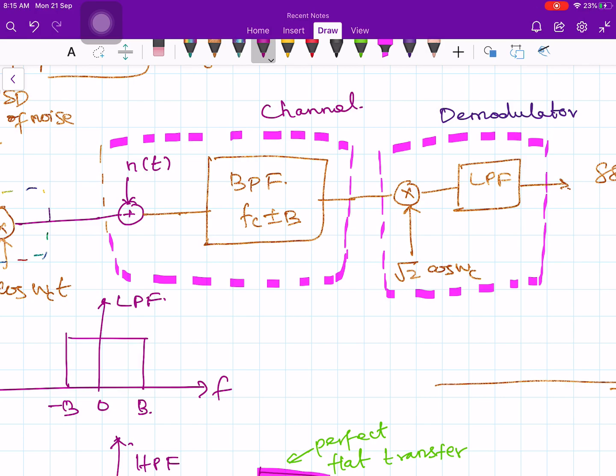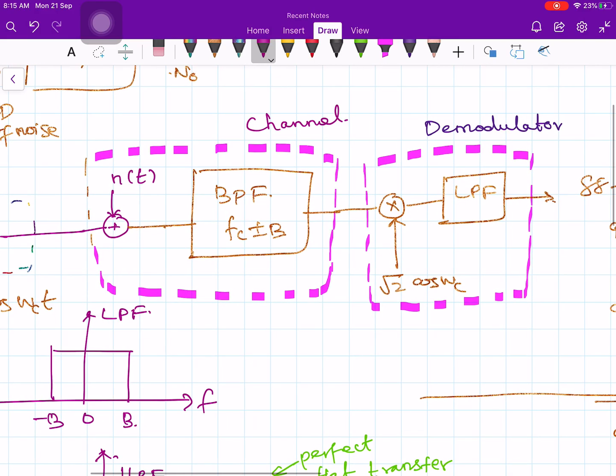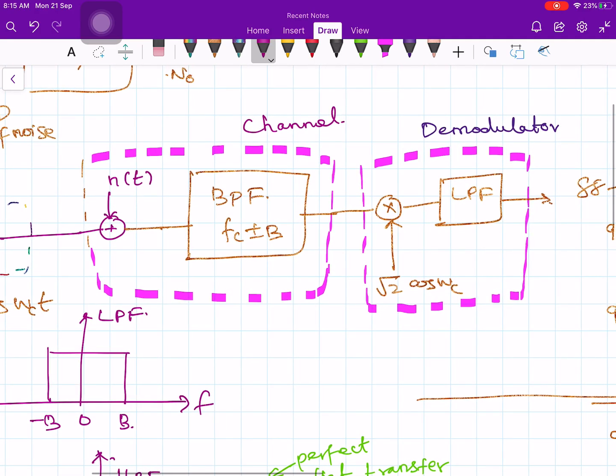So the demodulator essentially once again multiplies by root 2 cos omega ct, and then is followed by a baseband low pass filter. Low pass filter is after all a baseband filter, right? With a bandwidth of B hertz, let's say the bandwidth is B hertz.